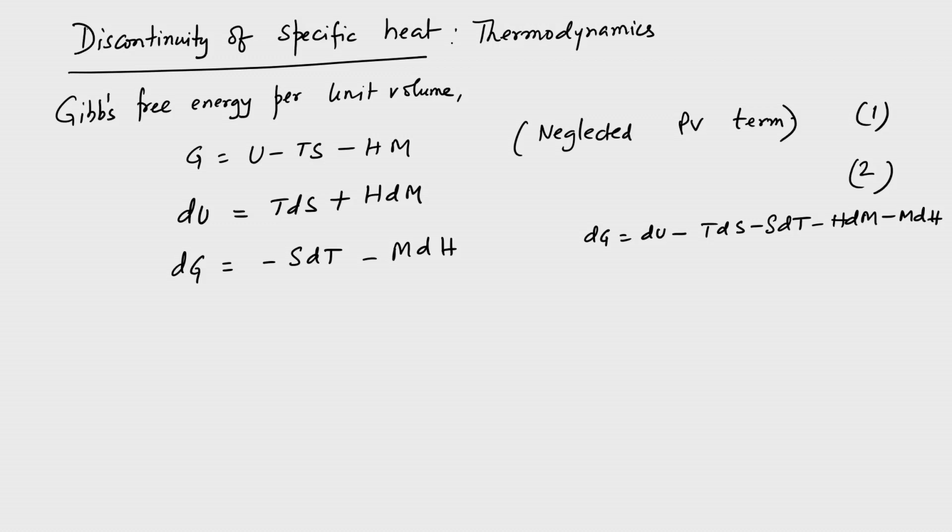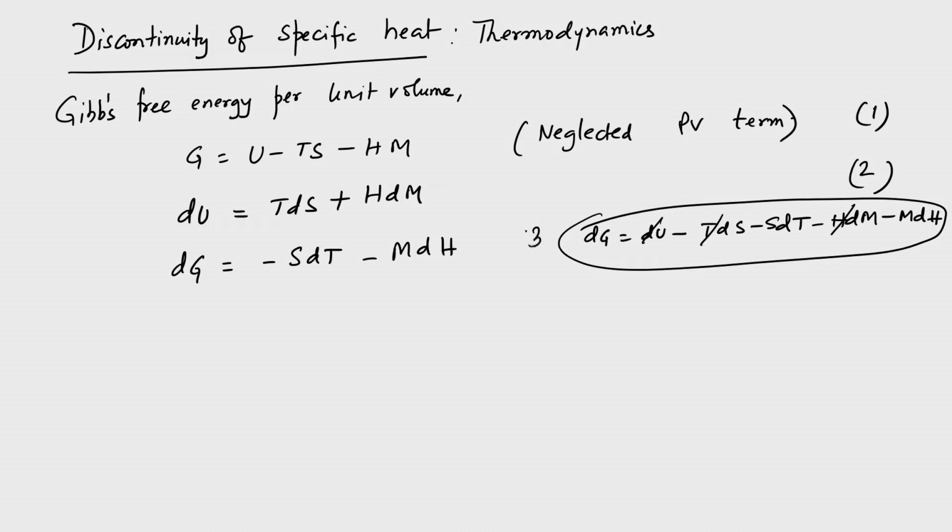And since dU equal to T dS plus H dM, they cancel, giving rise to, sorry, I had cancelled the wrong one, S dT, and you have H dM, so that cancels and gives me a minus S dT minus M dH. So, that is equal to equation 3. You can keep it saying that this is equation 3.